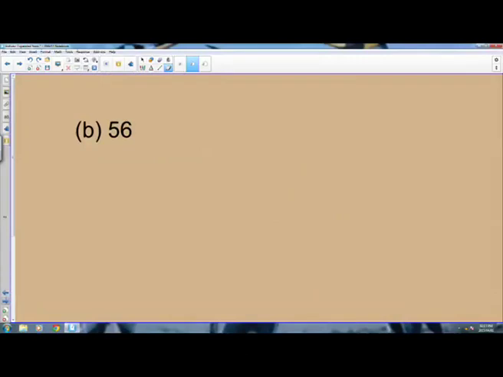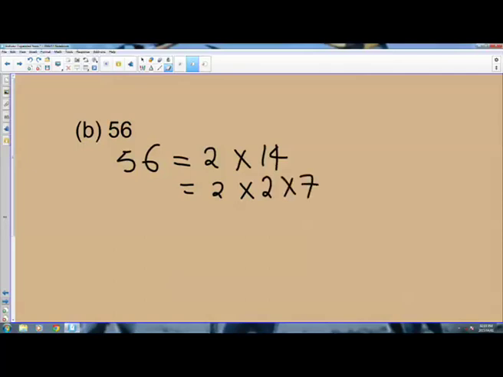56. This is equal to 2 times 14. And then 14 is not a prime number. So what are the prime factors which will go into 14? 14 is 2 times 7, and then this 2 here is the 2 that we just have there in the first step.